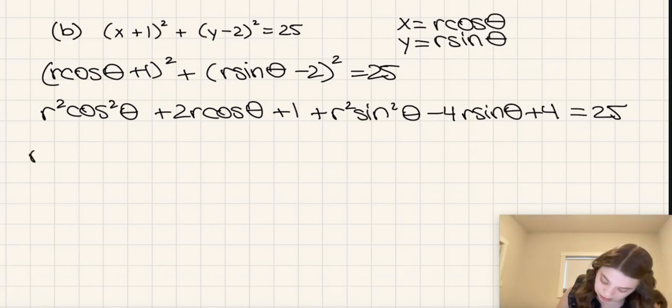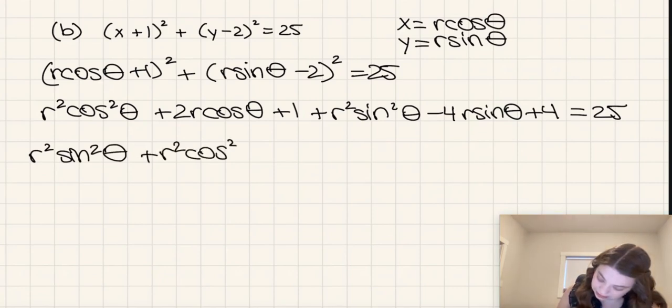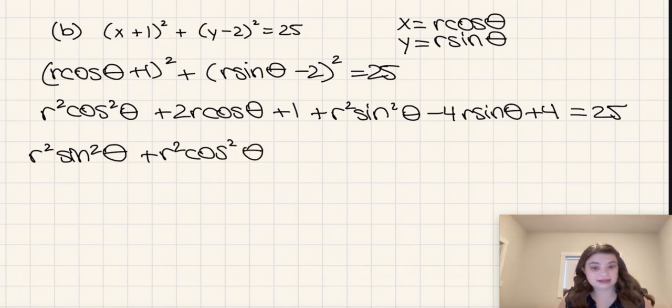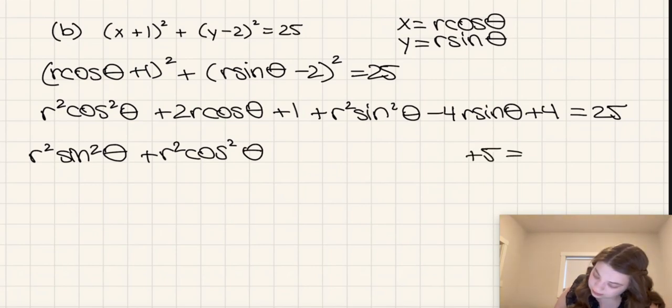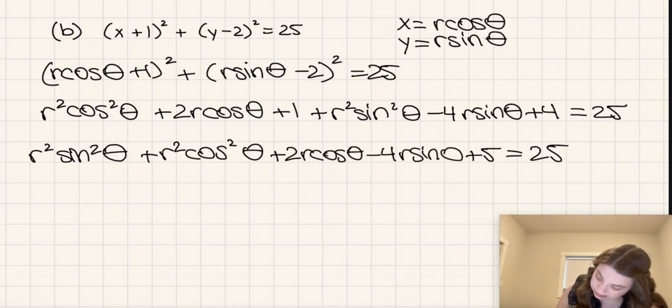I want the r squared sine squared theta to be at the front with the r squared cos squared theta, because then we can use the same trick as last time where we factor. Then I'm going to add 1 plus 4 to give ourselves 5 over here. And then over here, I'm just going to write the rest of the terms as they are. So plus 2r cos theta, and then minus 4r sine theta, like that.